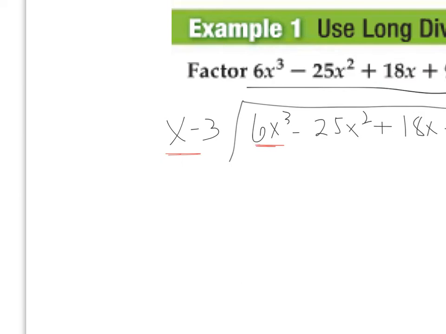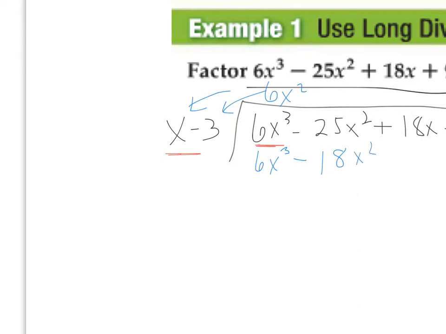So I'm going to do a little division. I would just say, well, what would I multiply x by to get 6x cubed? And that would be 6x squared. And then I have to multiply that by both terms in my divisor, which would give me 6x cubed minus 18x squared.